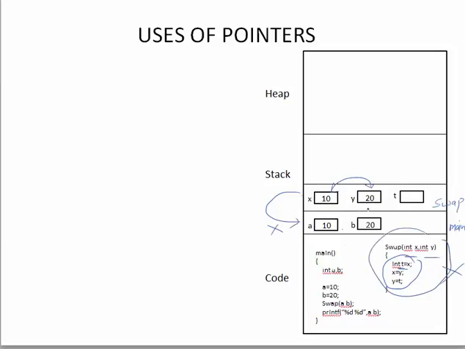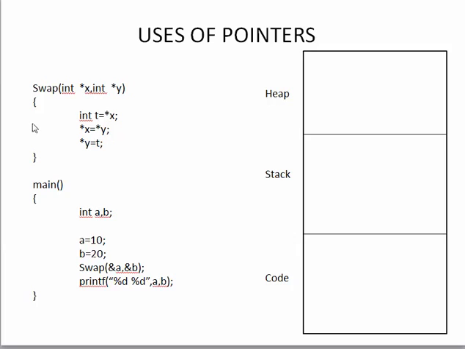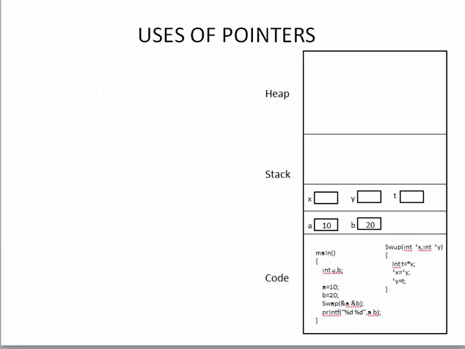If I take simple variables, then the swapping will be done within the variables of the swap function itself. So we'll modify our swap function. Here swap will take pointers as parameters. Let us see how it works. Once main is executed, the memory for main is allocated, and when swap is called, the memory for x, y and t is allocated. Here you can see that I am passing the addresses of a and b.